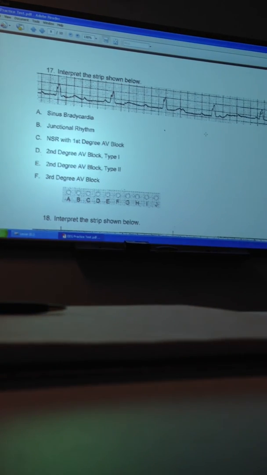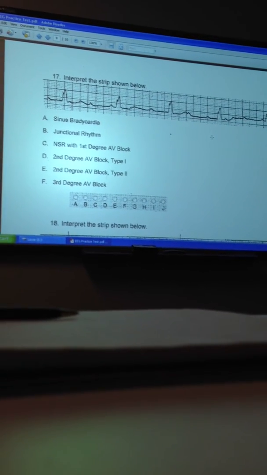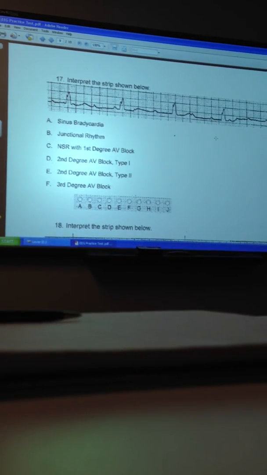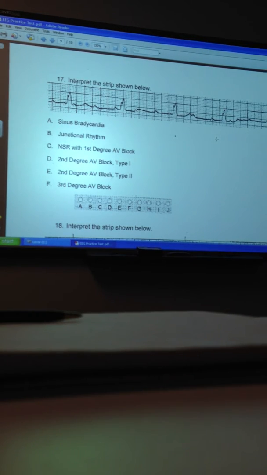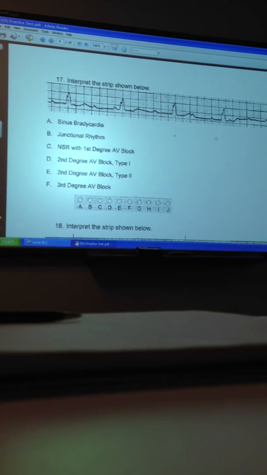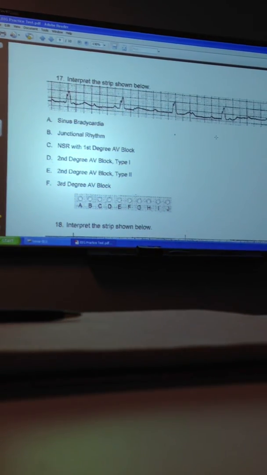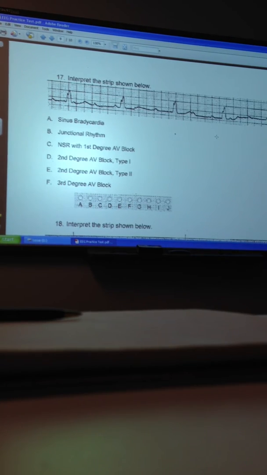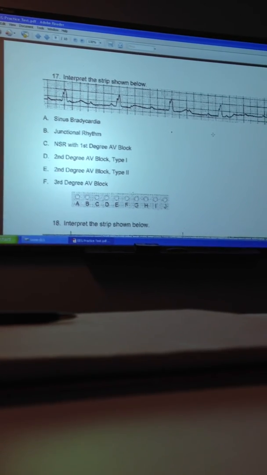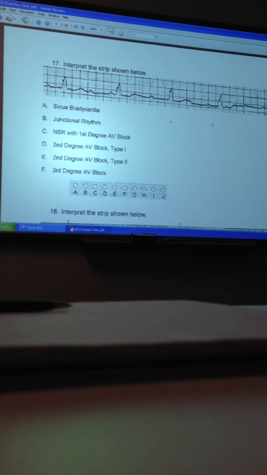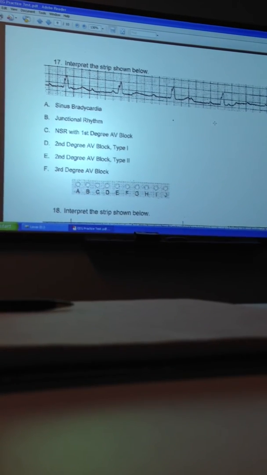What I got? F. He's just thinking. Is it a sinus bradycardia? No, it's not. Is it a junctional rhythm? No, it's not. Is it a sinus rhythm with a first degree? No. Second degree AV block type 1?